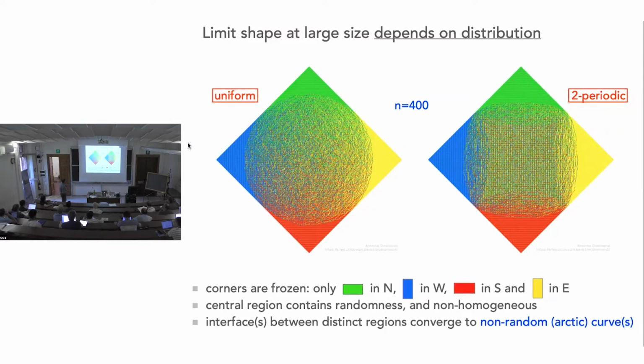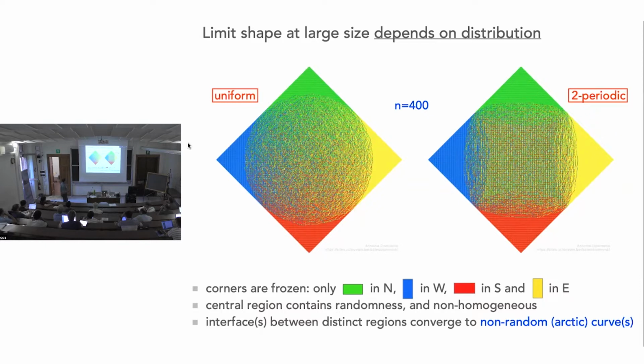What we can see also is that the central regions contain randomness, and in addition, they are non-homogeneous. In particular, if you go close to the red corner, you see that the density of blue dominoes is higher, and it's the same feature for the other corners. So the central region is not homogeneous.